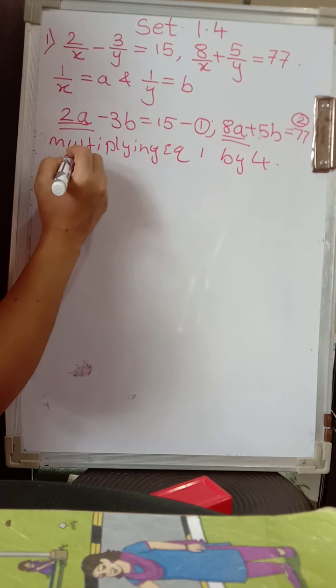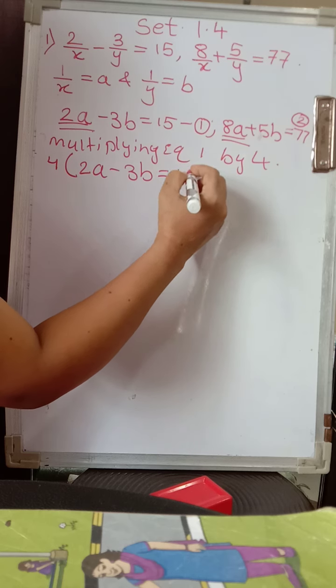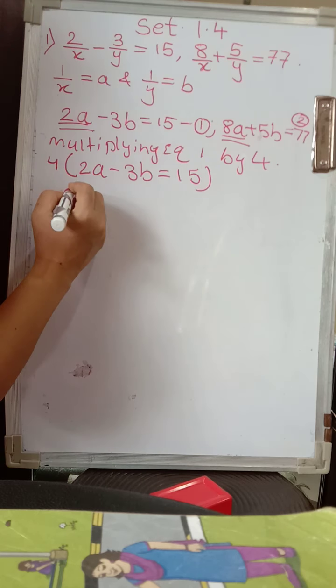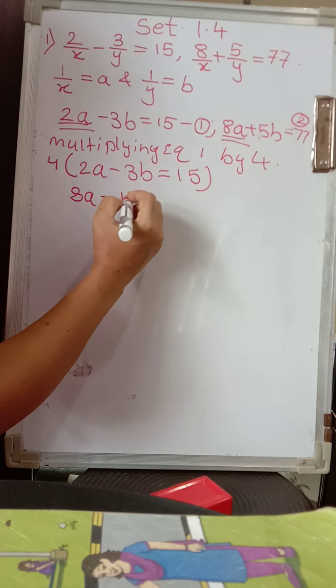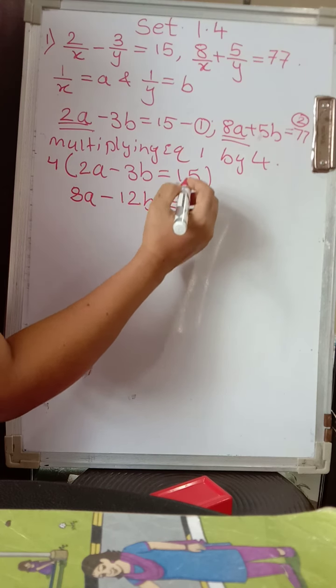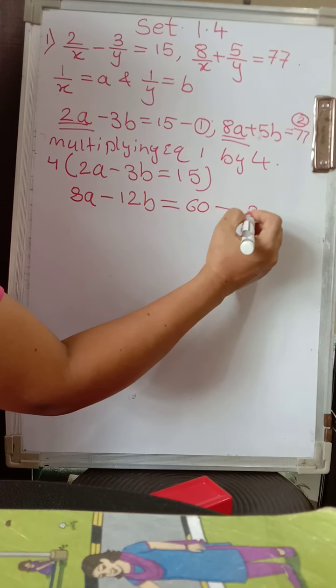So we have 4 in bracket 2a minus 3b is equal to 15. So now we have 8a, 4 2s are 8, minus 12b is equal to 15 4s are 60. This is your equation 3.